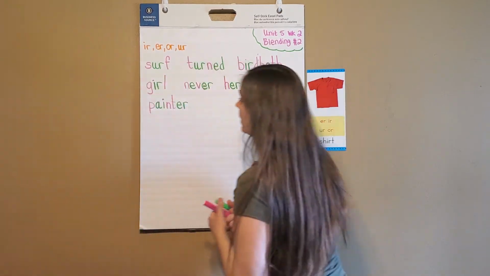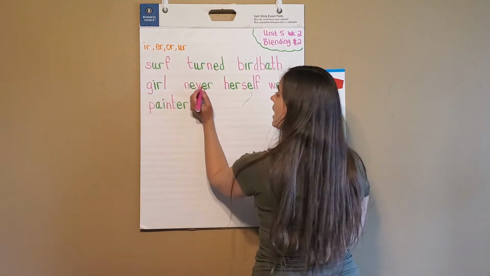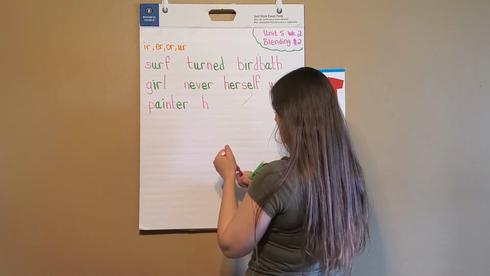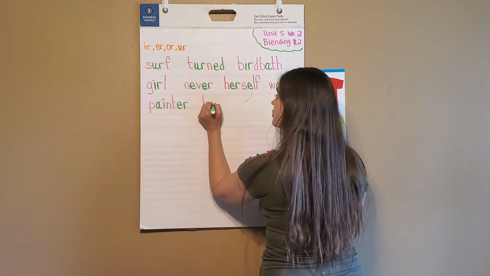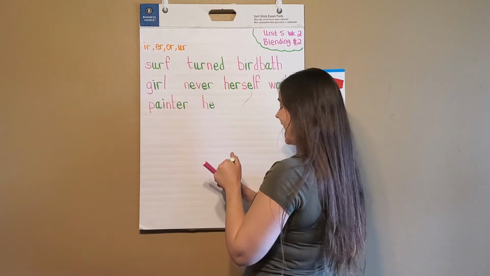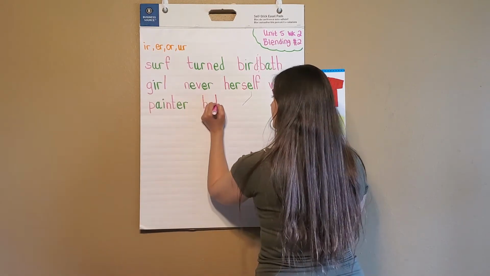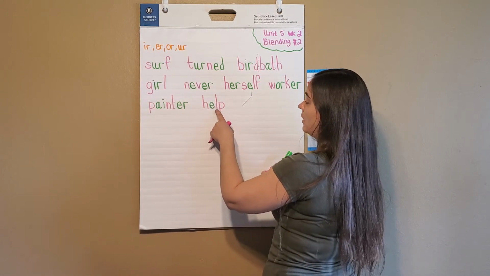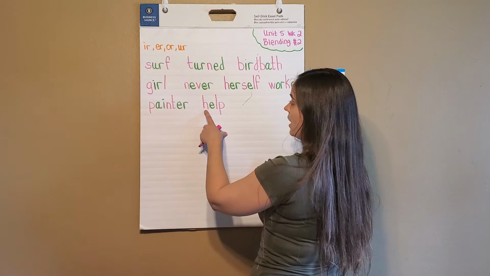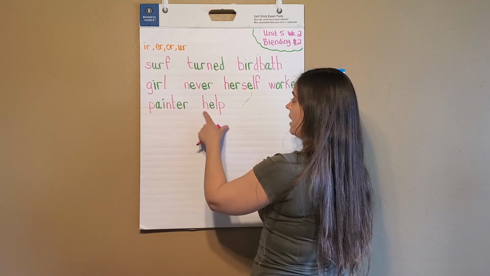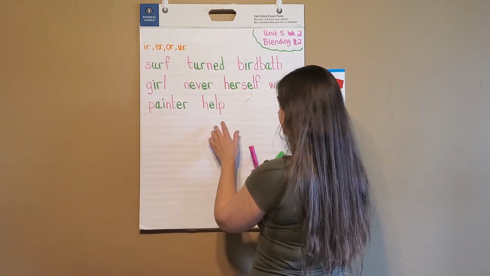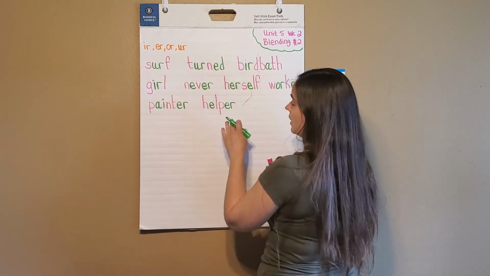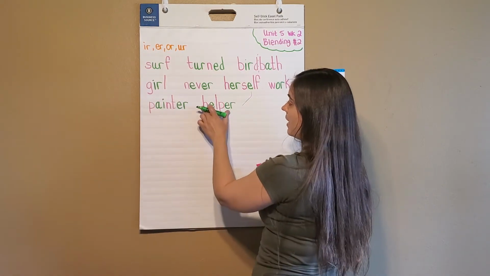All right, next word, helper. H says ha, short E. LP can come together, ulp, and we make the word help, okay? And I'm going to add ER to this word, help, to make helper.